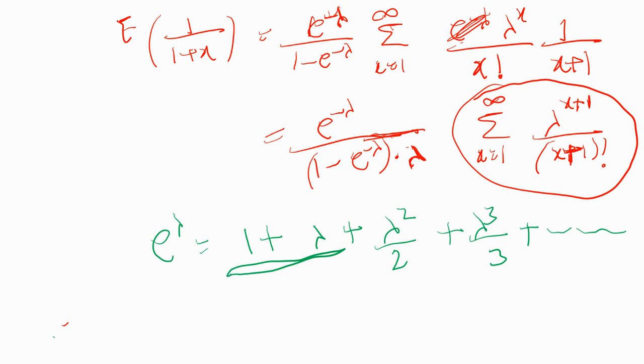If we put x equal to 2, it will be lambda cube divided by 3 factorial, and then lambda to the power 4 by 4 factorial, lambda to the power 5 by 5 factorial. So this is the part we don't have. What we will do is add this part, and then subtract this part.